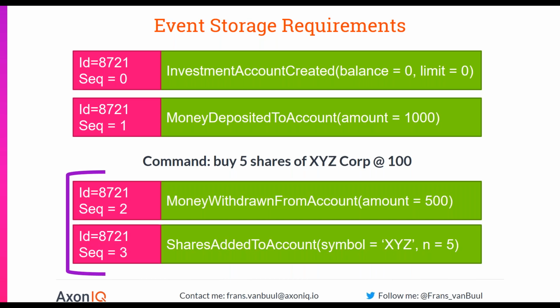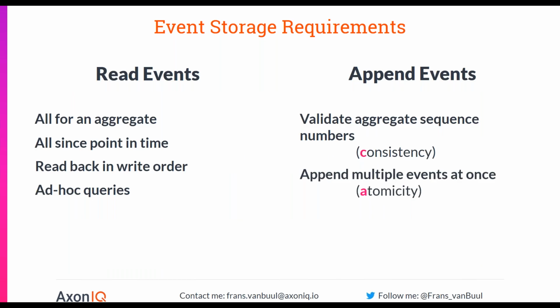And then if the system is implemented in such a way that it does this with 2 events, so it would write down a withdrawal event for the cash as well as add event for the shares, then it's very important that both events are either committed both, or none of them is committed, because otherwise you would lose money or create money. In other words, you want atomicity when appending multiple events at once.